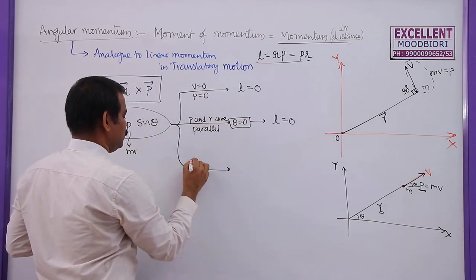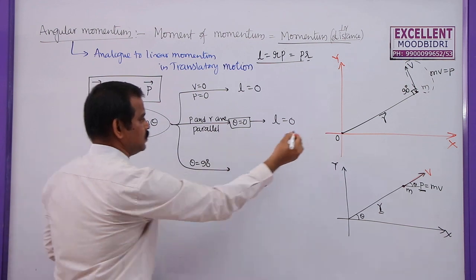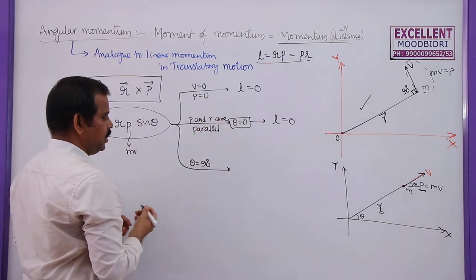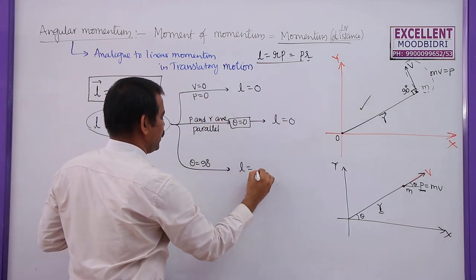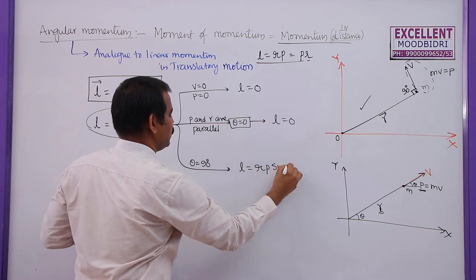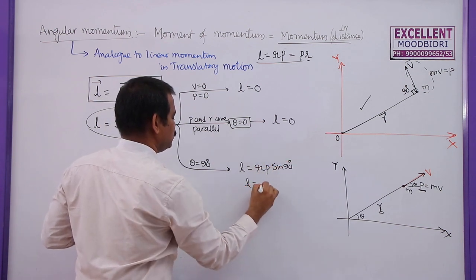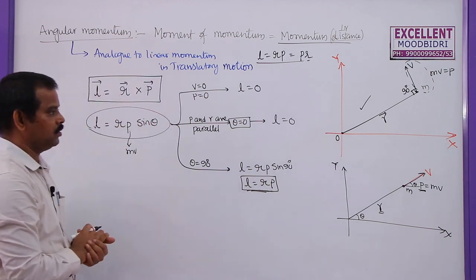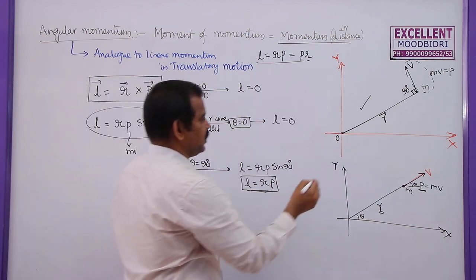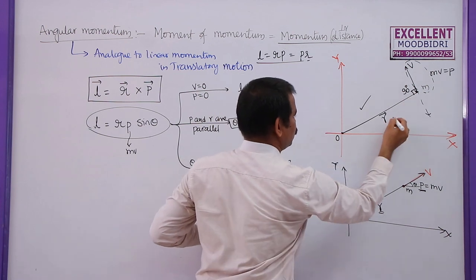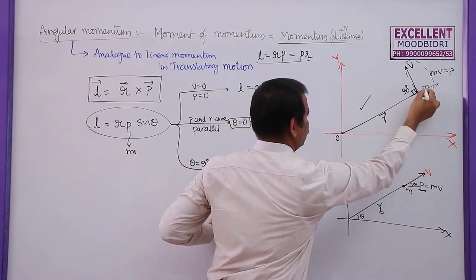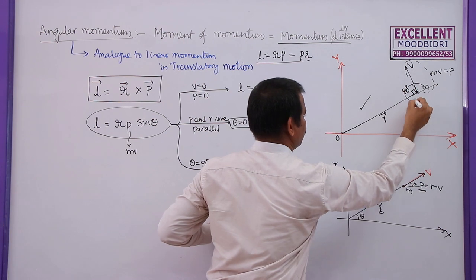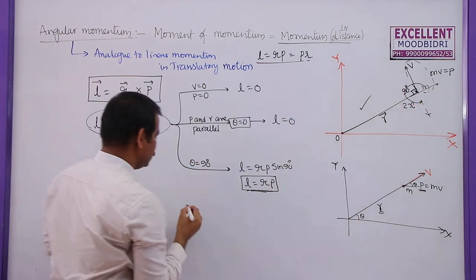Similarly, if theta is equal to 90 degrees, the angular momentum is given by r p sin 90 degrees, so L is equal to r p. Now, if this angle is like this, 270, in this direction, if you take from r to this one, this is 270 degrees.